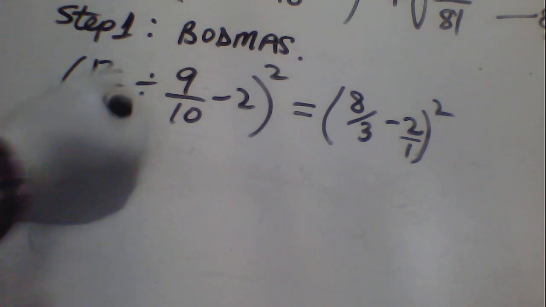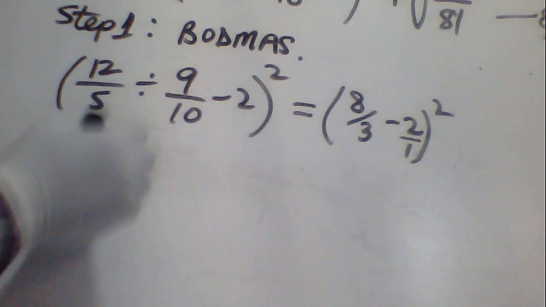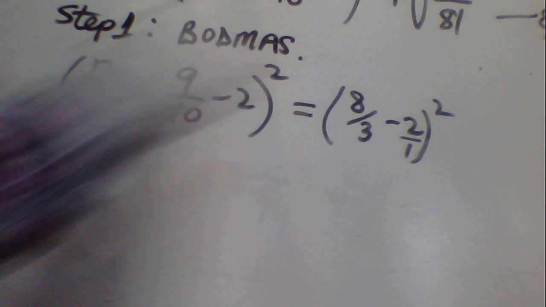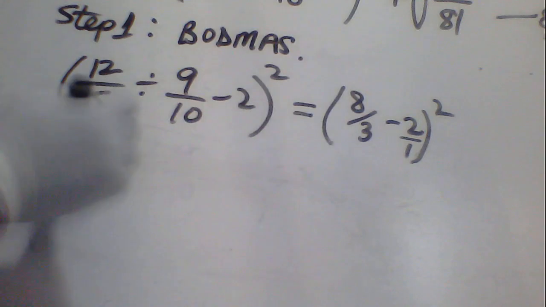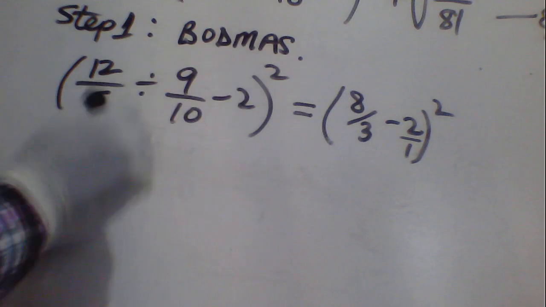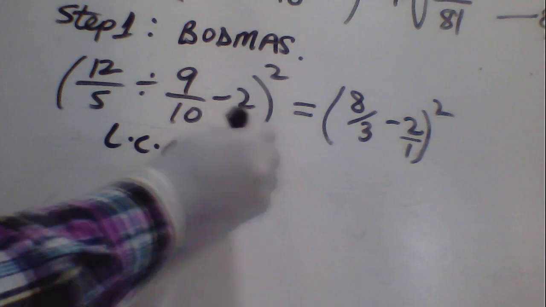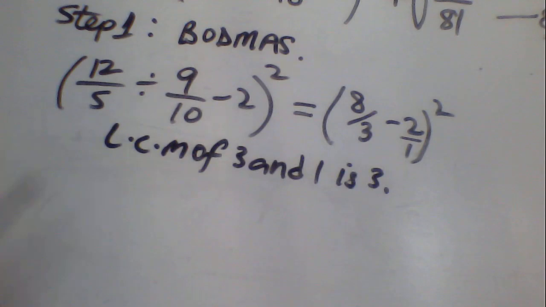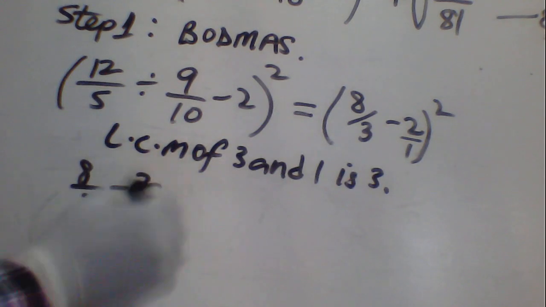So you have to solve the bracket first, because it's always the bracket. In this case, we have done the division, we are not solving this subtraction. So from here, the LCM of 3 and 1 is 3. So we have 8 over 3 minus 2 over 1.